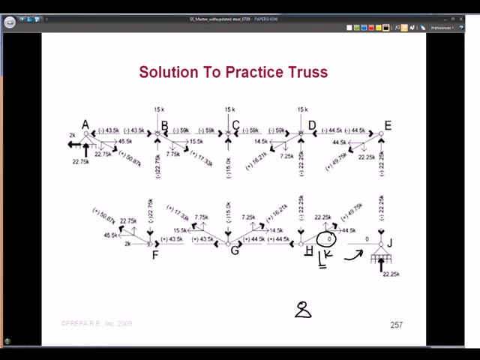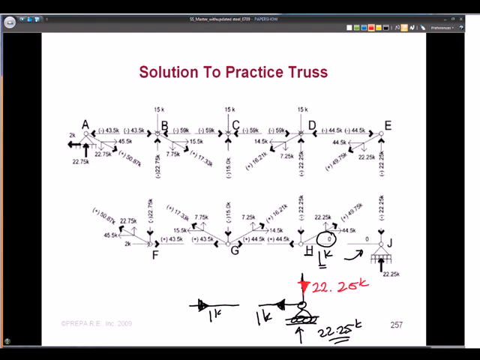And at the final joint, you've got your roller, your reaction of 22.25 kips, and carried over from this other joint, we have 1 kip of tension. Okay, so if we have 22.25 going up, we need 22.25 going down.